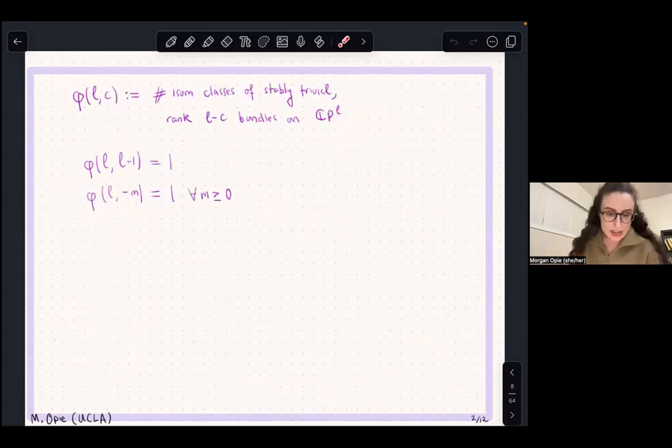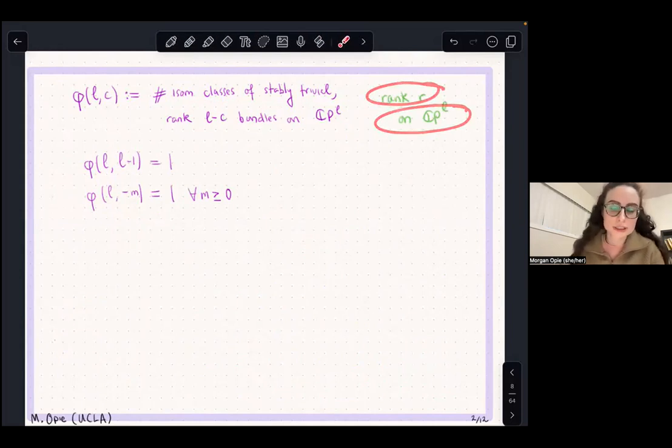Okay, so we're trying to find the number of isomorphism classes of stably trivial rank L minus C bundles on CP^L. Now, this notation is a little bit confusing because you might want to look at rank R on CP^L, choosing a rank for your bundle and a dimension for your space.